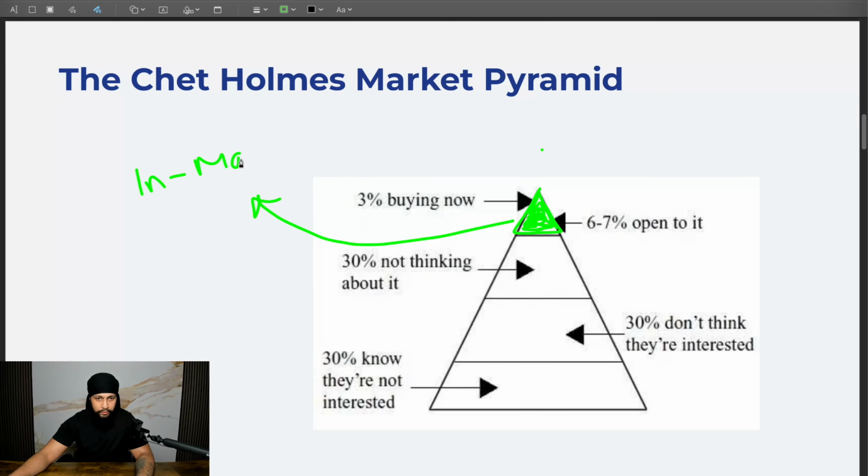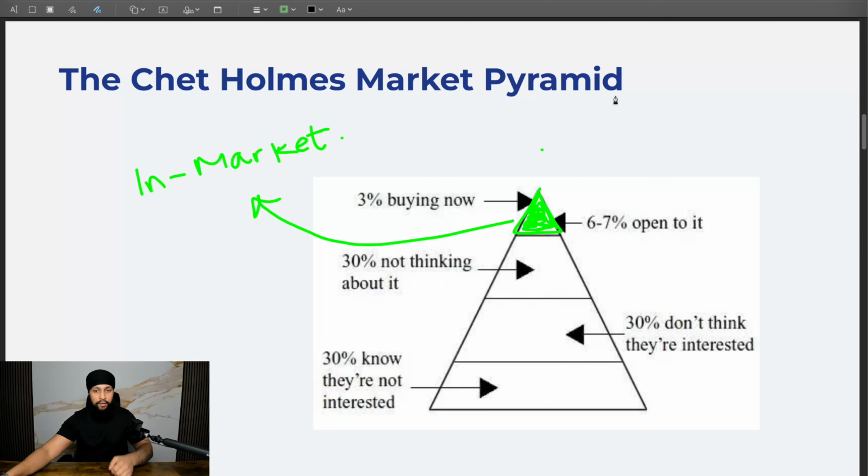In market. Okay? So what does in-market mean? In-market means that these people are actively looking for the solution that you have to offer. These are people that are aware that they have a problem and they need a solution, and they are actively looking for this thing.